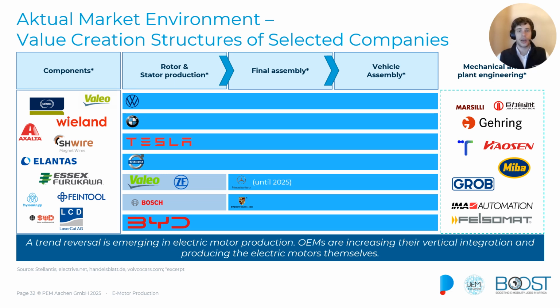Despite that, we still have many companies listed on the left-hand side that produce components like the wire or the sheet metal stacks. On the right-hand side, we see some popular names of companies that are responsible for the mechanical and plant engineering, or in other words, companies that build the machines to build electric machines for traction drives.